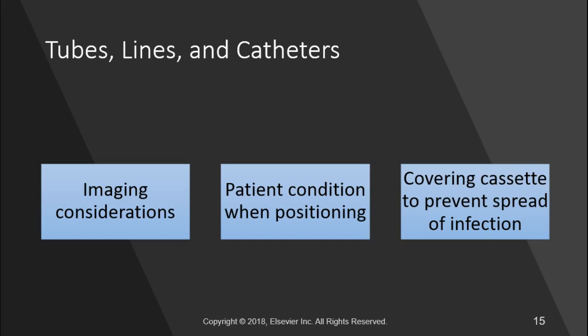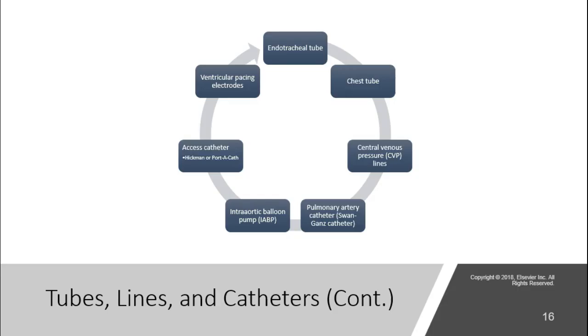Okay. Tubes, lines, and catheters: imaging considerations, patient's conditions when positioning, and covering the cassette to prevent disease infection spread. So the different tubes that we're going to talk about are the endotracheal tube, chest tube, central venous pressure, so CVP lines, pulmonary artery catheters, usually called a Swan-Ganz, and the intra-aortic balloon pump, IABP.